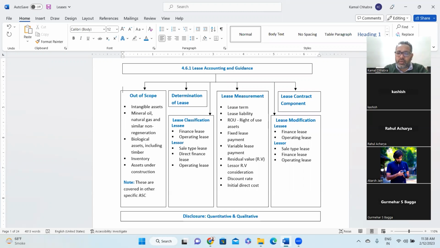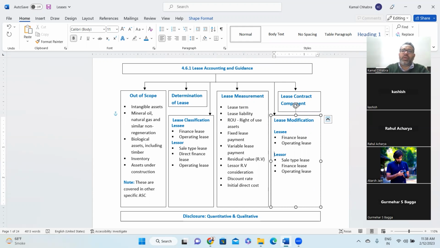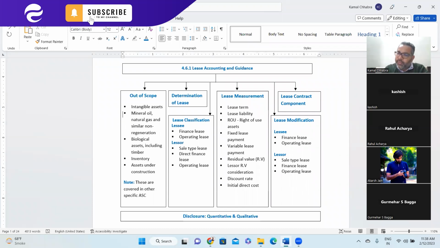The next concept we'll be understanding is lease modification. Same way, earlier in the revenue recognition standard, we discussed contract modification. Here also, there may be a possibility of lease modification. Initially it may be an operating lease, but in future it may convert into a finance lease.